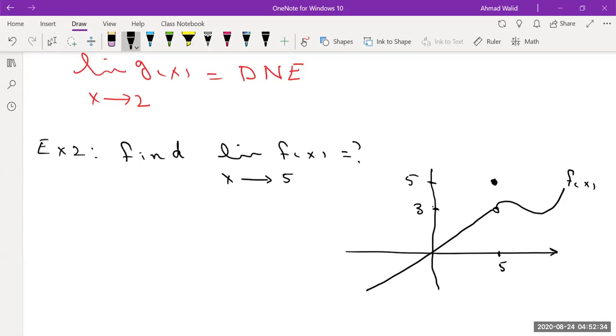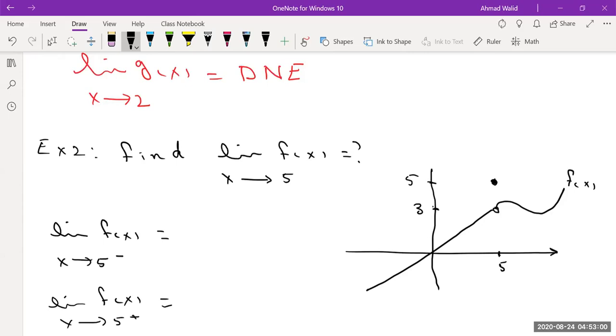To find the limit of f of x as x approaching to 5, you have to first find these. Limit of f of x as x approaching to 5 from the left, you have to find this, and also limit of f of x as x approaching to 5 from the right. You have to answer first these two to understand if this limit exists or not.